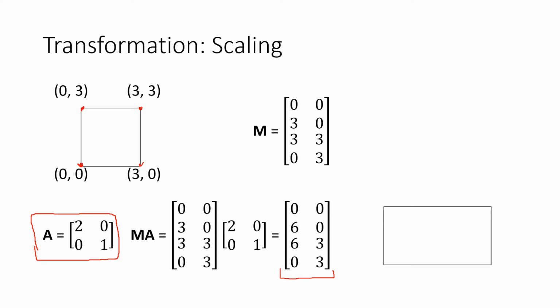And in this case, what happens to the square is the bottom left-hand corner is still at the origin, but now the square has been stretched out. In the x direction, all of the x values have been doubled. The y values have been left alone.